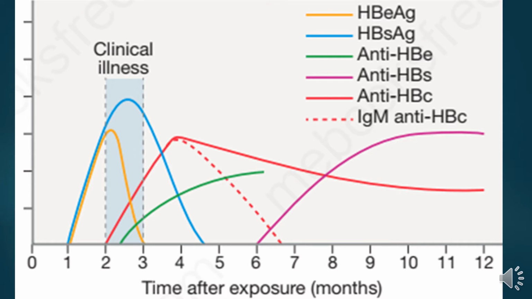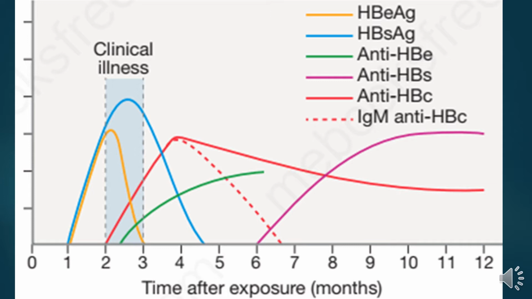In this graph, the yellow shows the hepatitis B e antigen, which shows active replication. It appears before the clinical illness and then disappears before 3 months. Hepatitis B surface antigen goes up and disappears within 5 months, as it shows acute viral hepatitis.